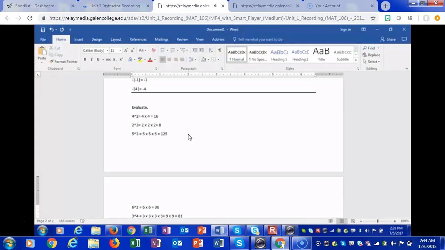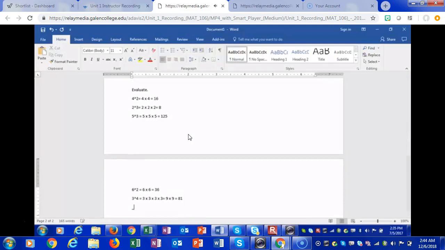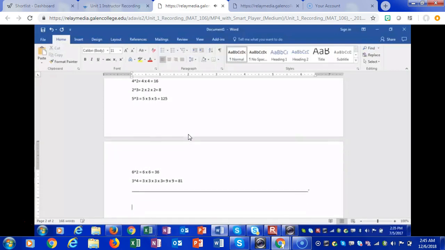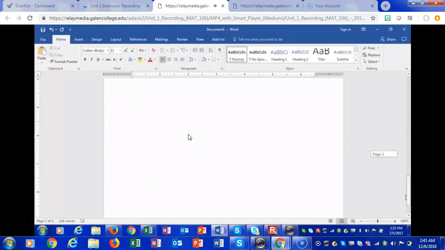Okay? Now, let's talk about putting numbers from least to greatest. Alright, say I have -6, 7, 3, -14, and 0. How would I order these from least to greatest?